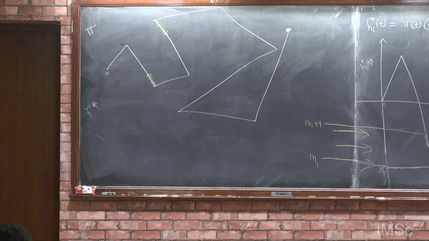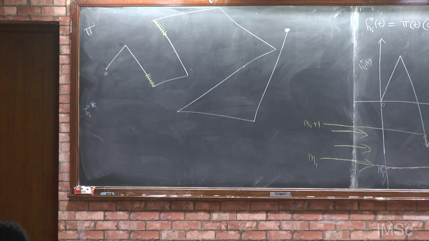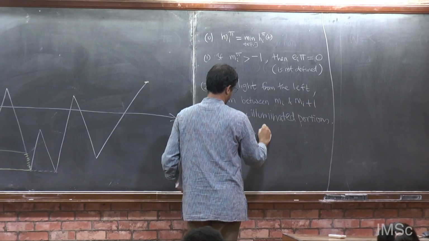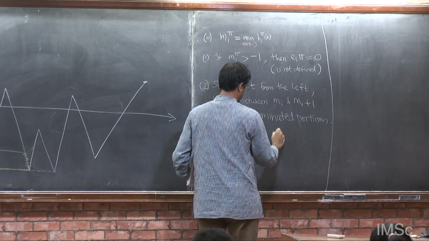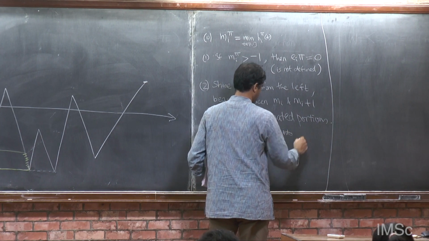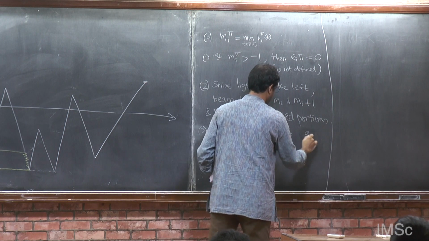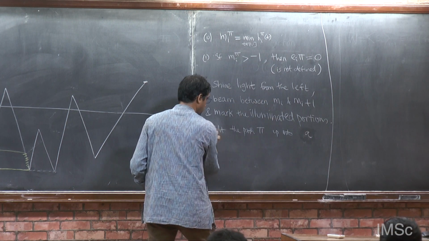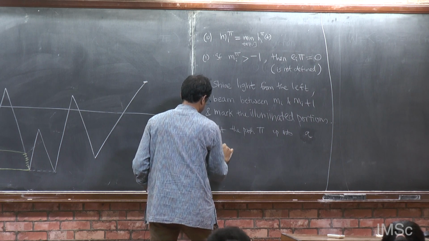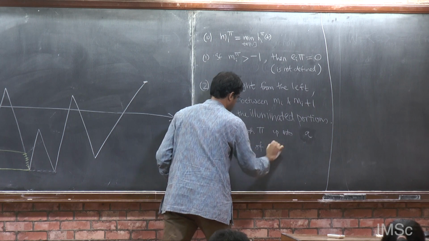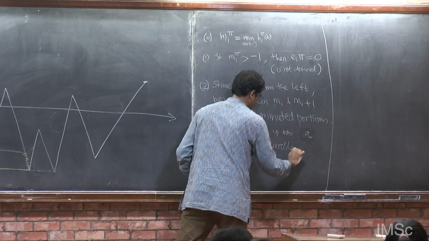So here's the definition. Split up the path pi into the lighted and dark portions, into a concatenation of smaller paths.